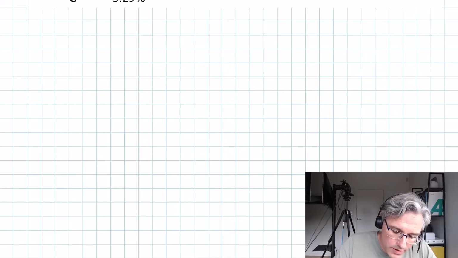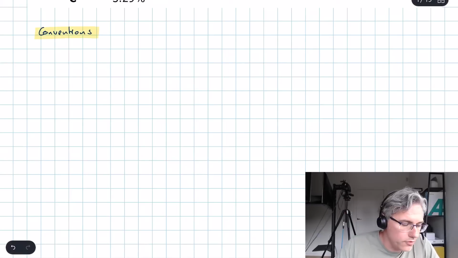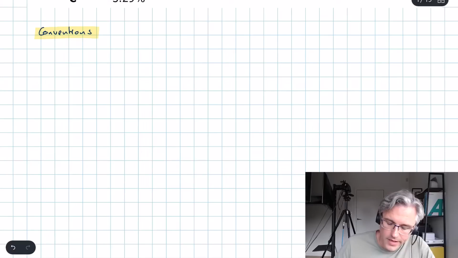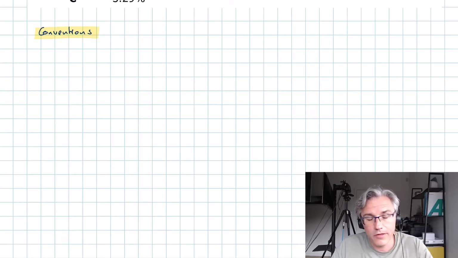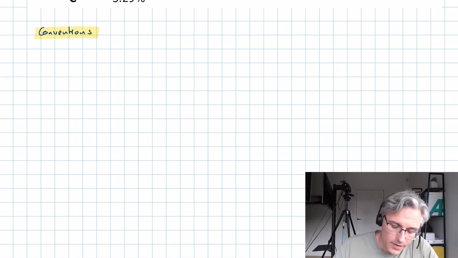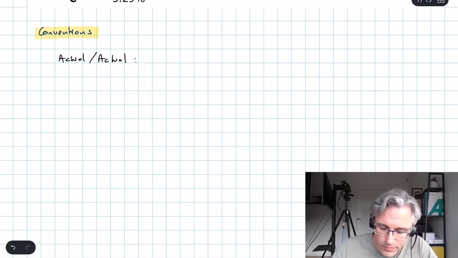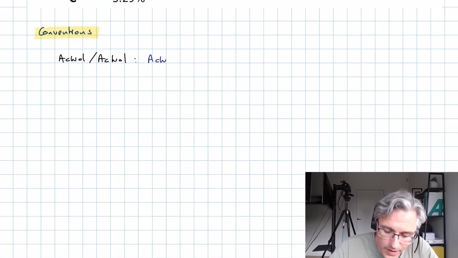Now, more importantly, or just as importantly, let's move on to discuss some of the conventions that you need to know. We've actually introduced a few of them already. When I say conventions, I mean the way we count days and what we assume to be the number of days in the year. So you have to know about the actual by actual convention and the 30 by 360 convention. This is the one, the actual by actual, where you take the actual number of days.